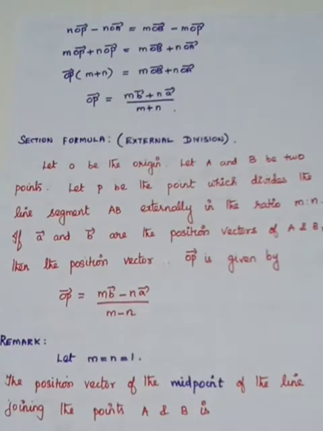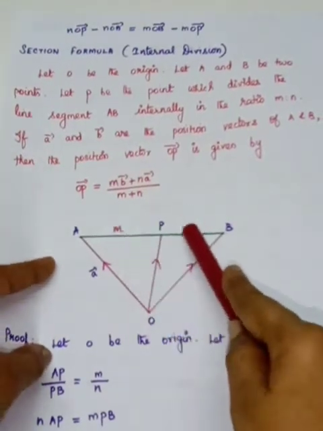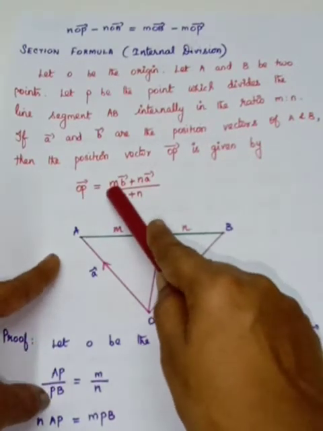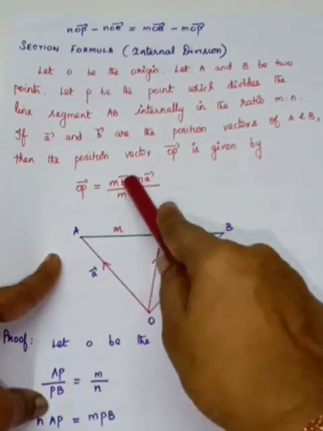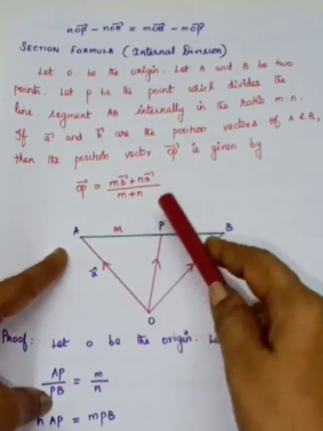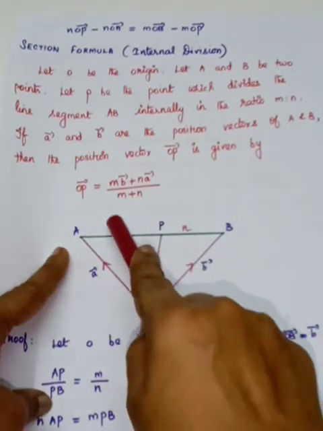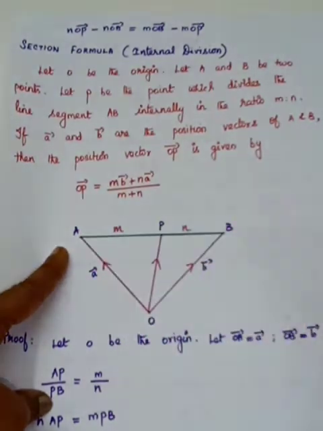Now M is equal to N is equal to 1. So in the place of M and N, if we substitute 1, OP vector is equal to B vector plus A vector divided by 1 plus 1, which is 2. If P divides AB in the ratio 1:1, P is the midpoint.